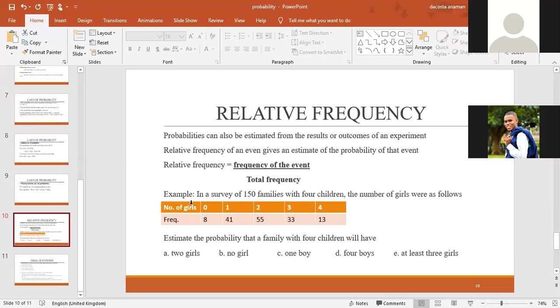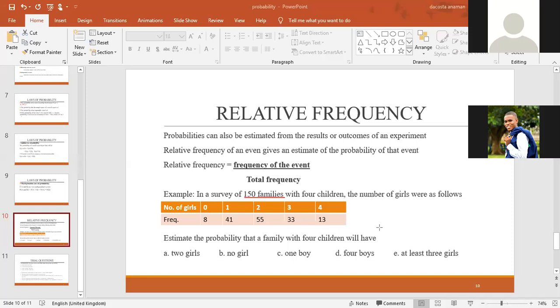So let's take an example. In a survey of 150 families, so in this instance, 150 families were surveyed. A family can include people of 5 or 6, another family can include people of 7. We term a family of 23 people as one family.